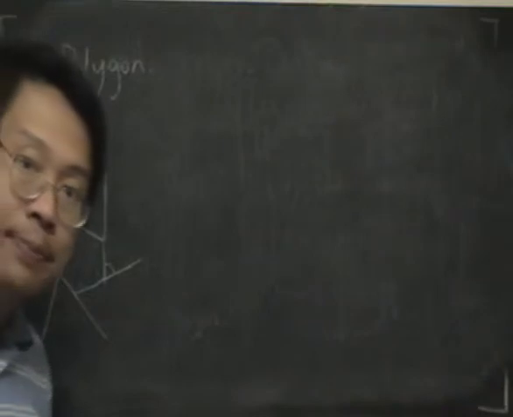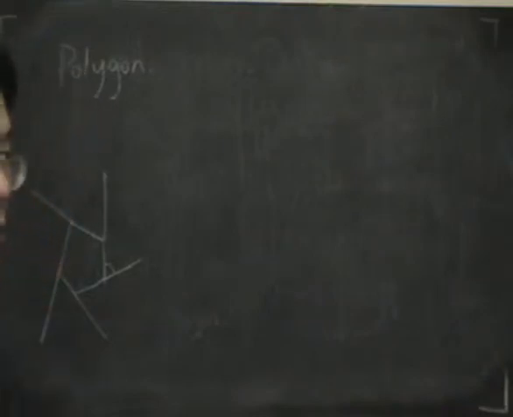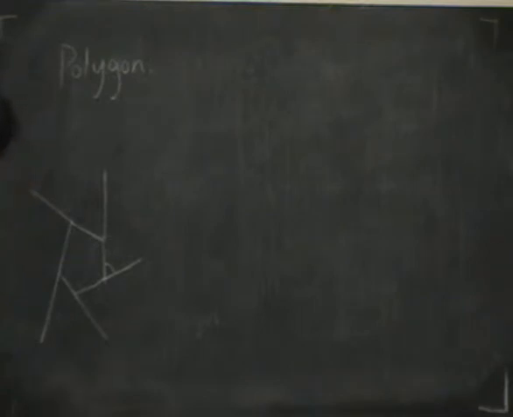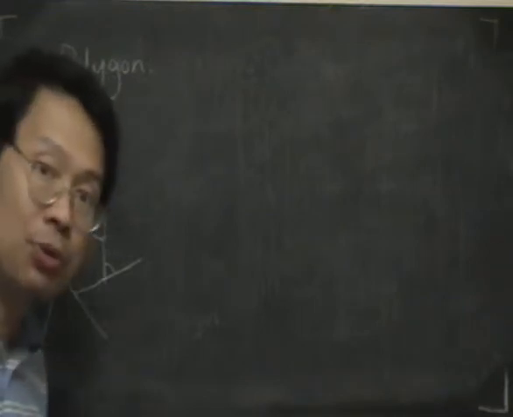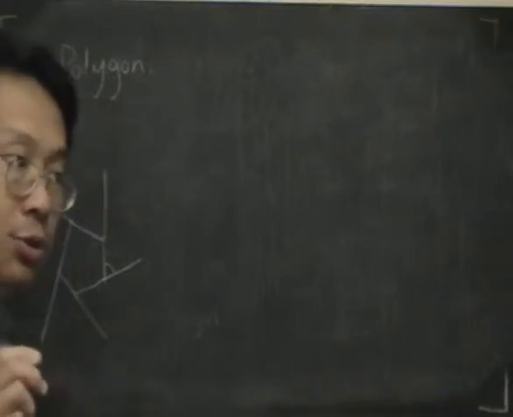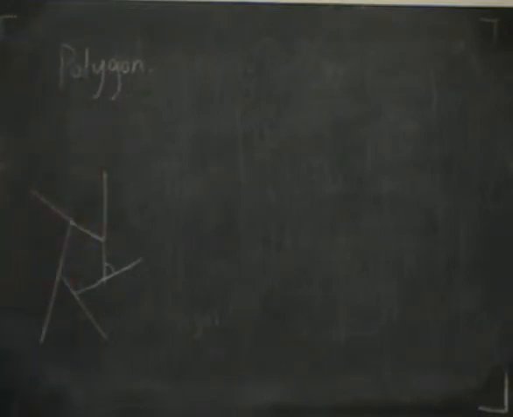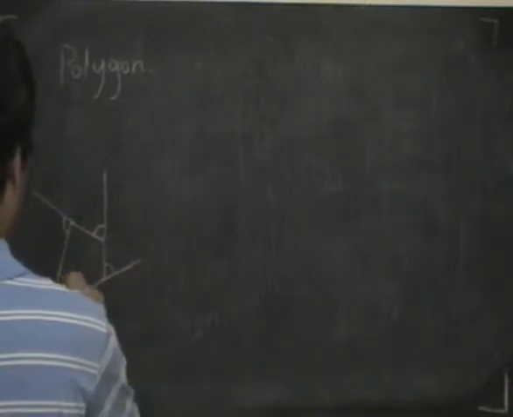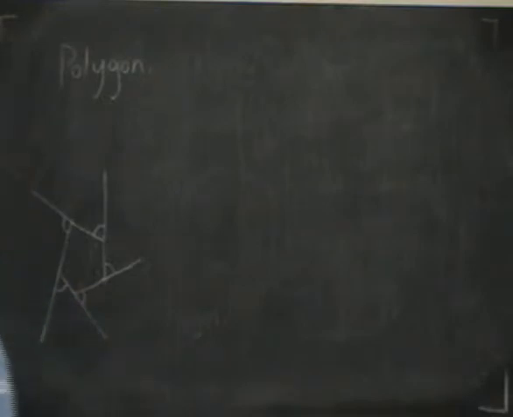That angle there is called an exterior angle. Now you remember that we have seen exterior angles before with triangles. So that's an exterior angle. It's the same sort of angle. So these are exterior angles here, here, here, and here. So these are all exterior angles.